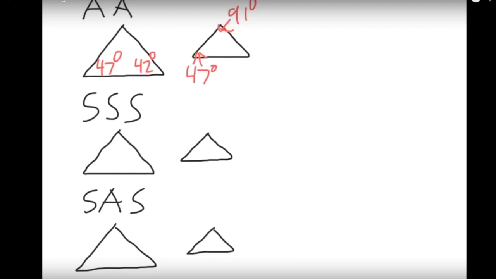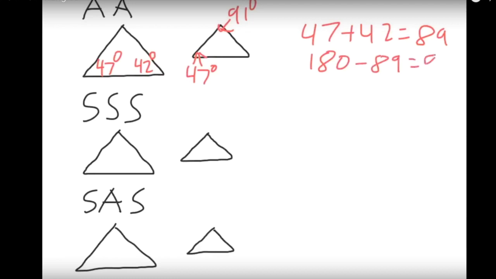So we'll just say 47 plus 42 is 89. And then to find the third angle, we say 180 minus 89, which is 91.